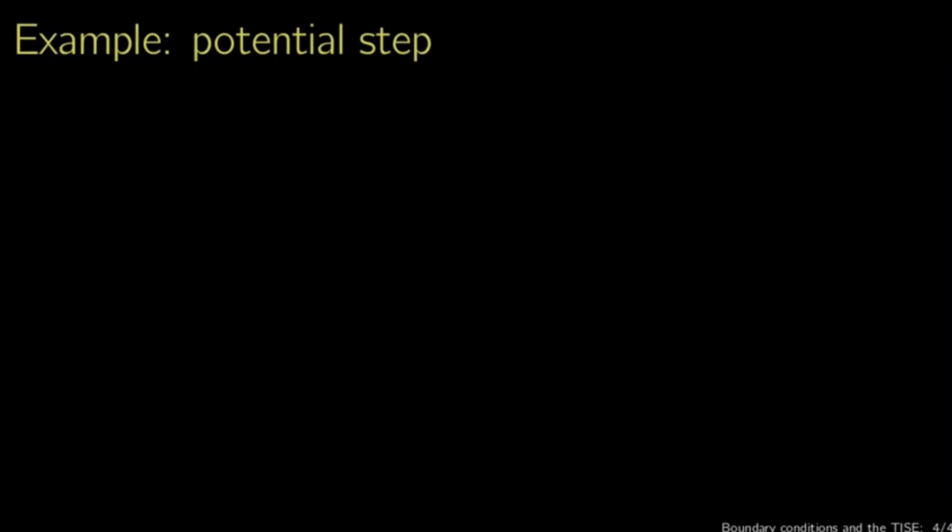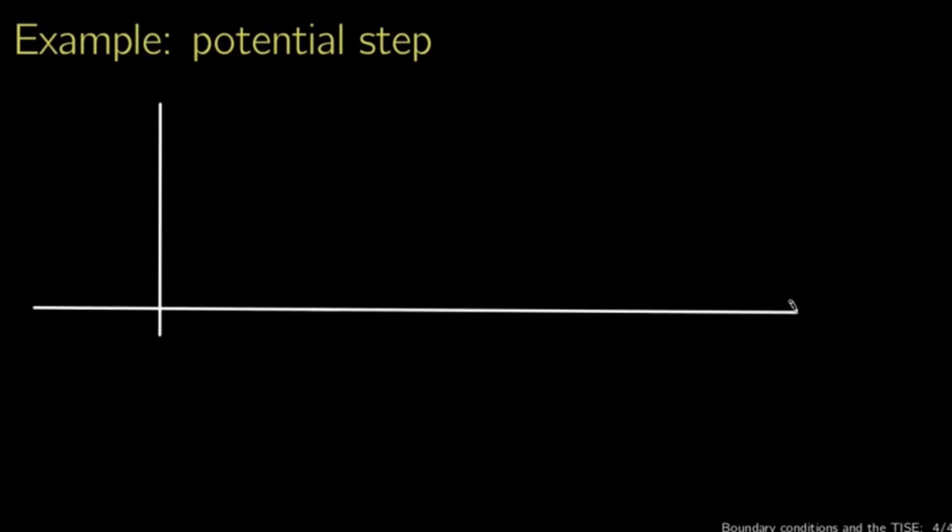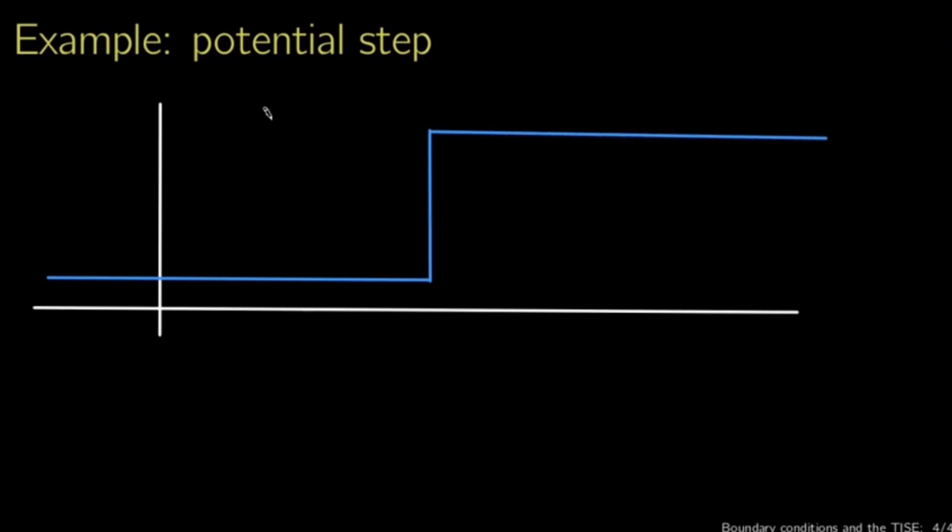As an example, consider a potential step. What this looks like as a function of position is we have a potential on one side that discontinuously changes to some new value of the potential. We will consider this in a lot of detail later on.